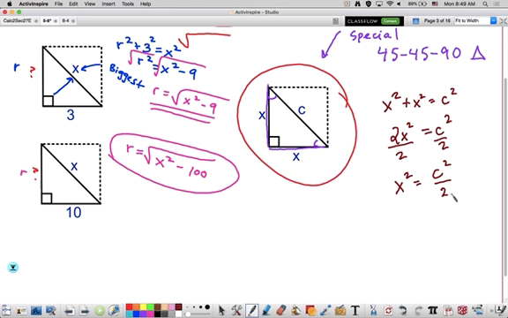Now what do I do? Square root both sides. So x equals the square root of c squared over the square root of 2.